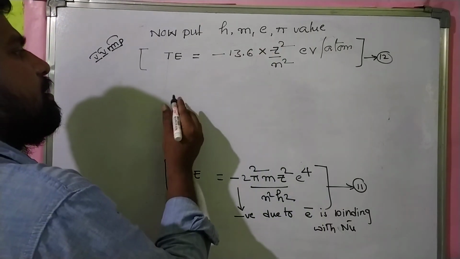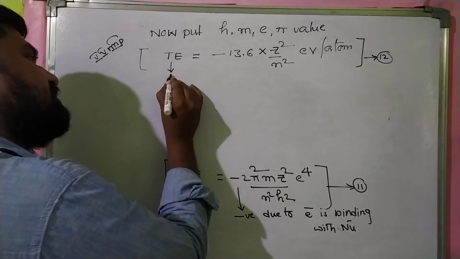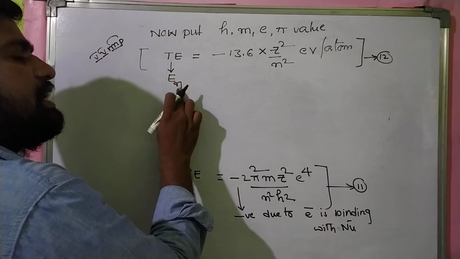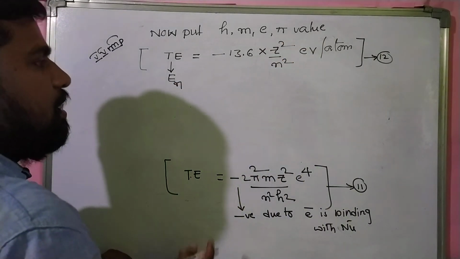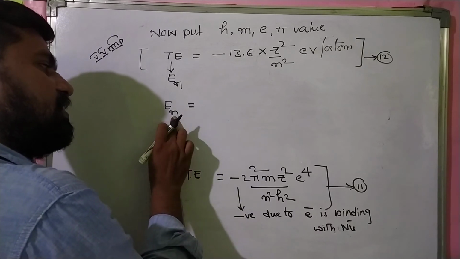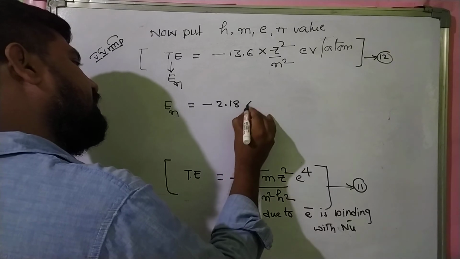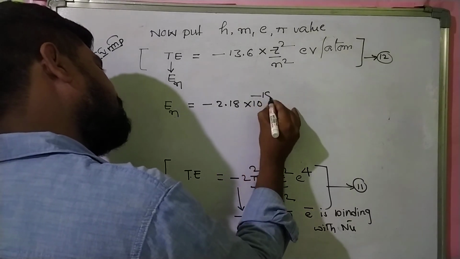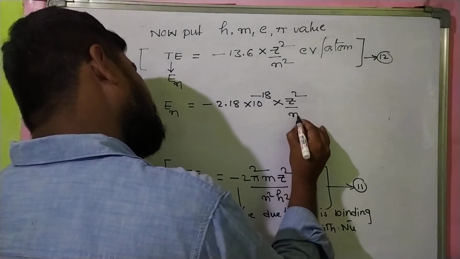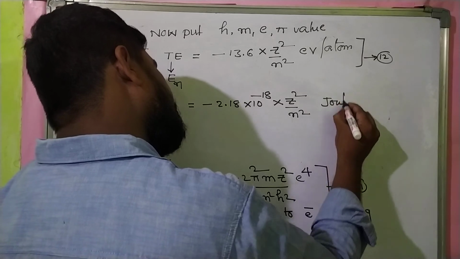Now the total energy can also be written like this: En, energy of electron in nth orbit, equals minus 2.18 into 10 to the power of minus 18 Z square by n square joules per atom.